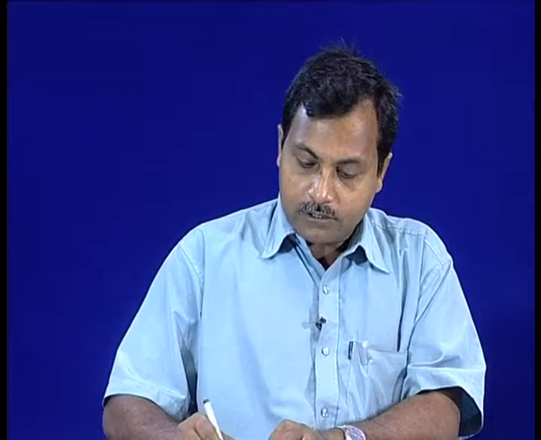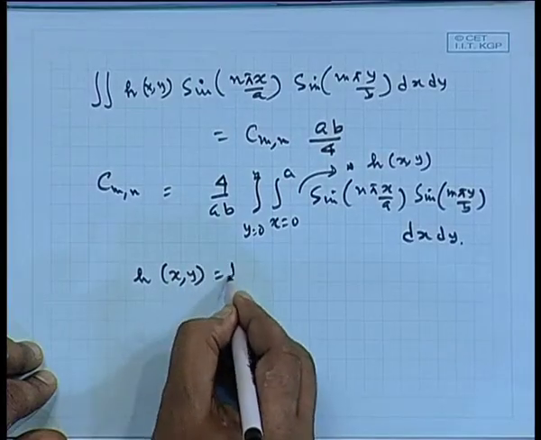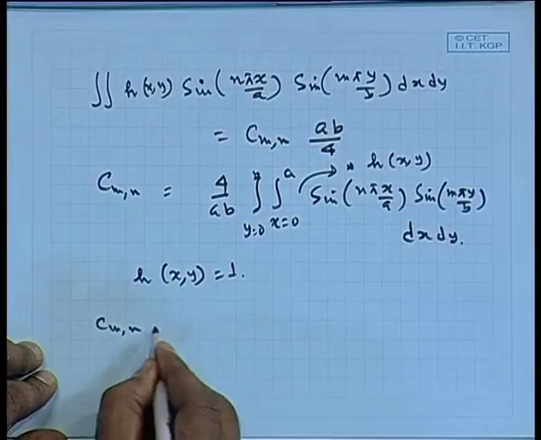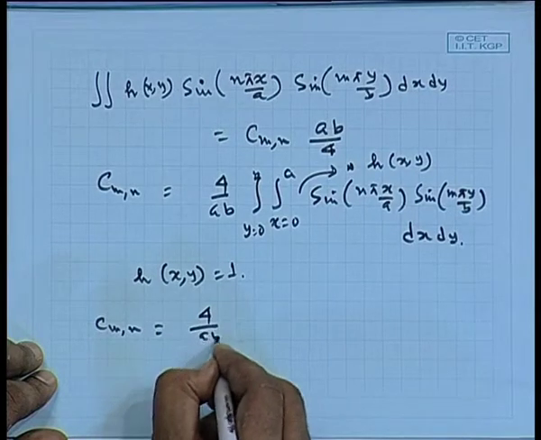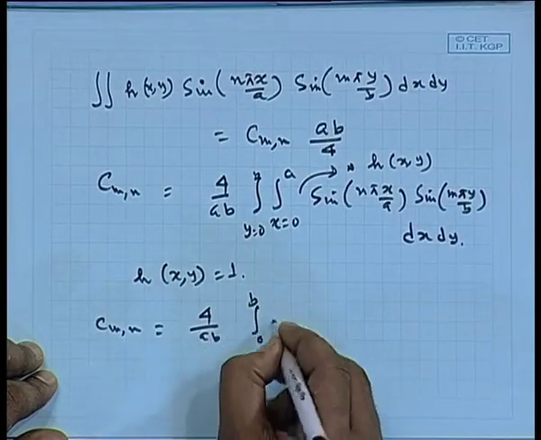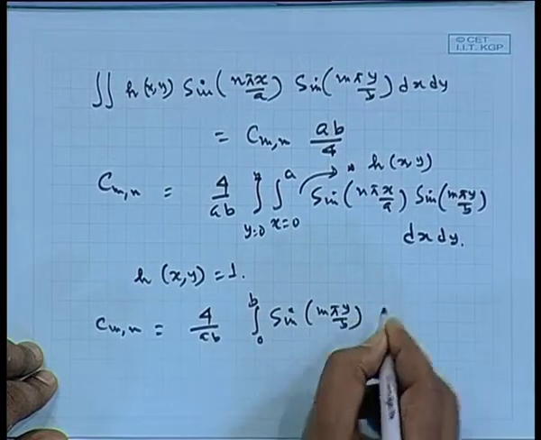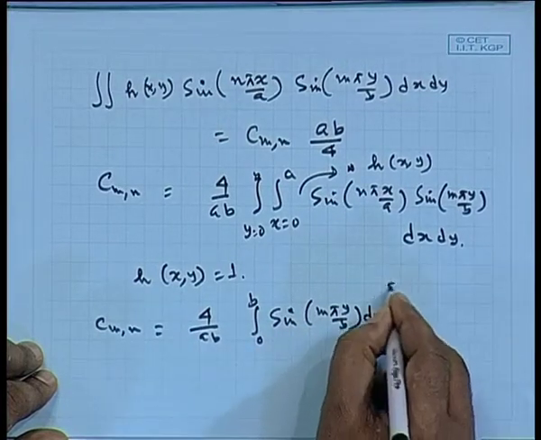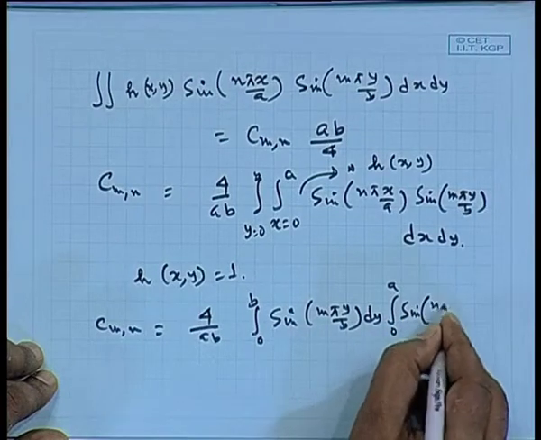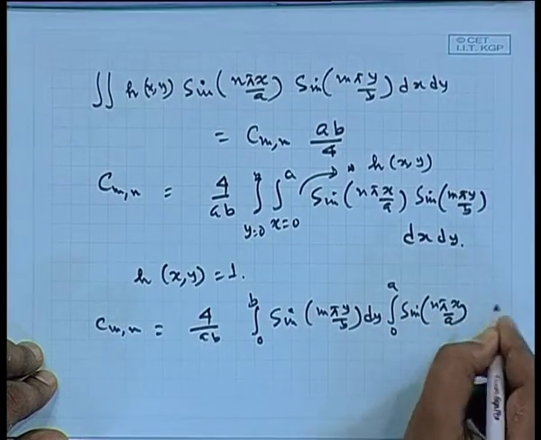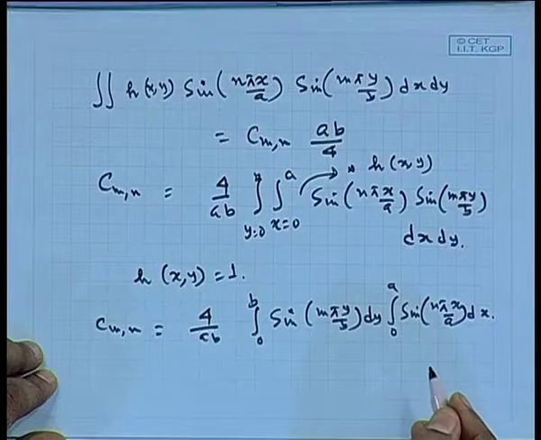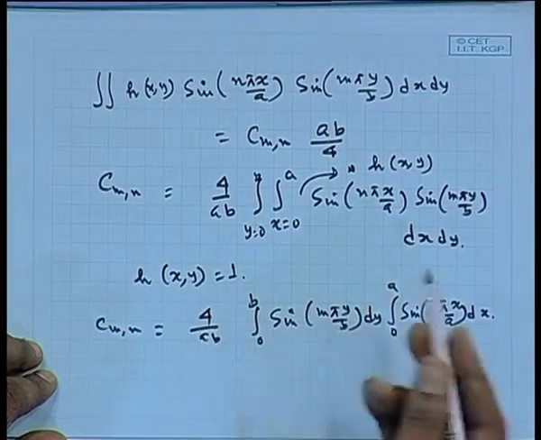So, if h equal to 1, this will be nothing but C m n equals 4 by a b, integral 0 to b sin m pi y by b dy, integral 0 to a sin n pi x by a dx. And you know what is this integral? Tell me.